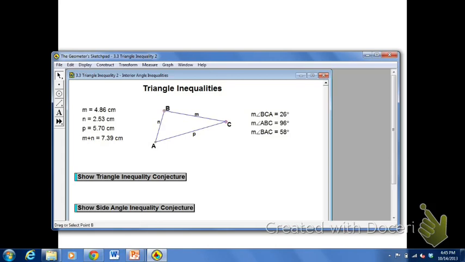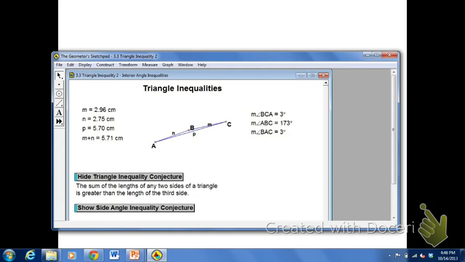So notice how it's always bigger than side P. Even if I make M and N as small as possible, if I make angle A and angle C both 3 degrees, M plus N will still add up to be more than P, the longest side. So, just another example that the sum of the lengths of any two sides of a triangle has to be greater than the length of the third side.